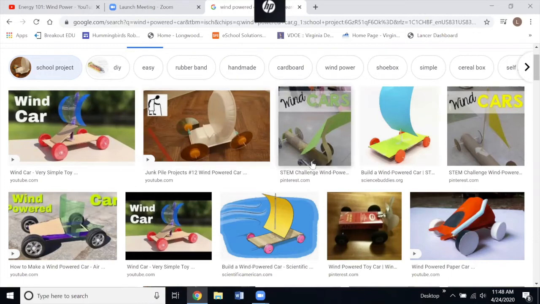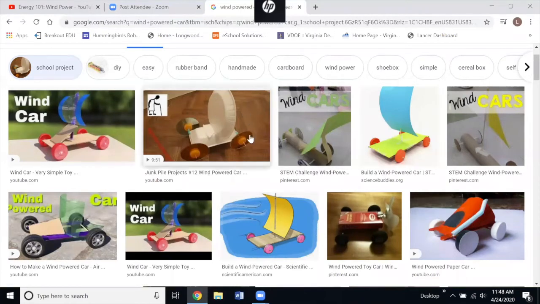In this third picture, they've used a paper towel roll, and it looks like they have a straw poking through to two CDs as well. In this picture here, they've used cardboard and poked a skewer through the cardboard attached to two bottle caps. So there's many ways that you can use common materials you might already have at your house to create wheels and axles for your sail-powered car.